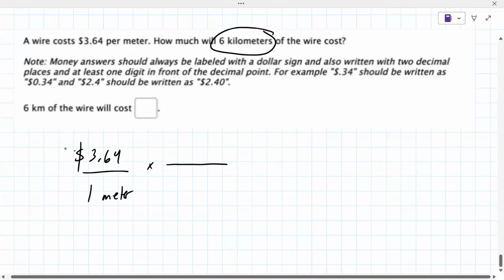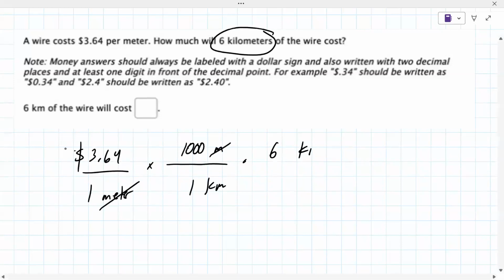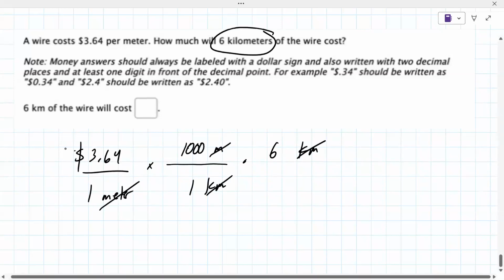So we got to go from meters to kilometers. There are 1,000 meters in 1 kilometer. So the meters cancel with meters, and then we're multiplying by 6 kilometers. Kilometers cancel, so the only unit that is left over is the dollar sign.